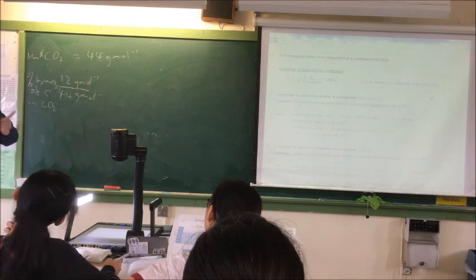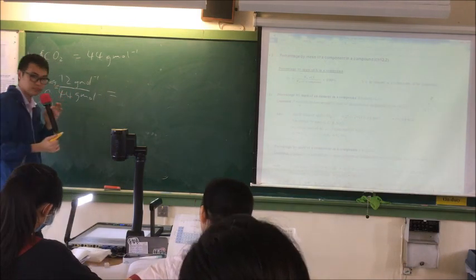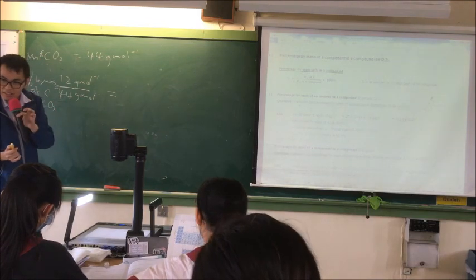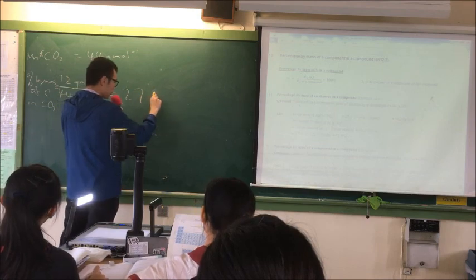This will be the percentage. So 揾人幫我撳下 12 除 44 係幾多？0.2727。係咯。0.272727。Okay, so the answer will be 27.3%.